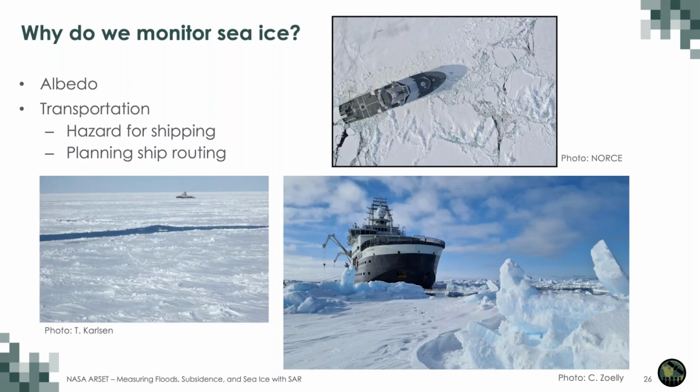Because you can see here, in the image on the left, we see an icebreaker, and it's actually surrounded by quite thin ice. But if you're looking at the icebreaker on the right, there is quite a lot of deformation there. And these two areas are quite different in how challenging they are to move through. And generally, all ships will try and avoid areas with heavily deformed or very thick sea ice.